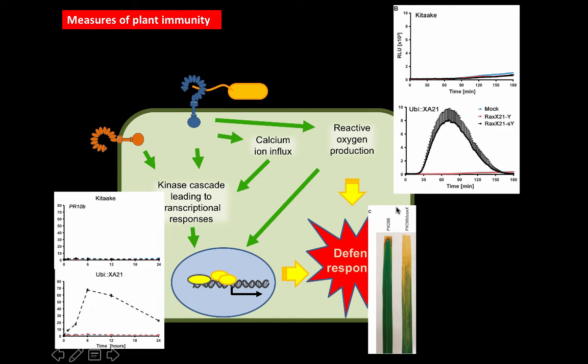So here I show you a rice plant which is infected with the bacteria which has this RaxX molecule, and the plant has an immune receptor, so you see very little disease progression, it leaves it really green, so the plant is healthy. However, if you infect this plant with bacteria which lacks this molecule, which is now recognized by XA21, you're fully susceptible.